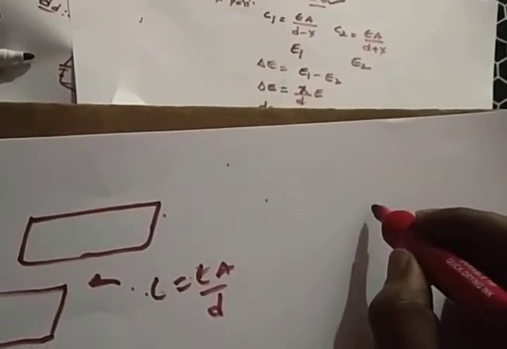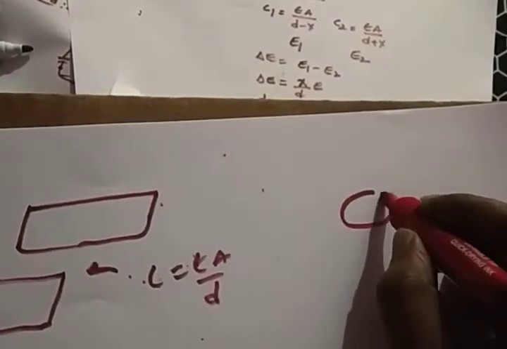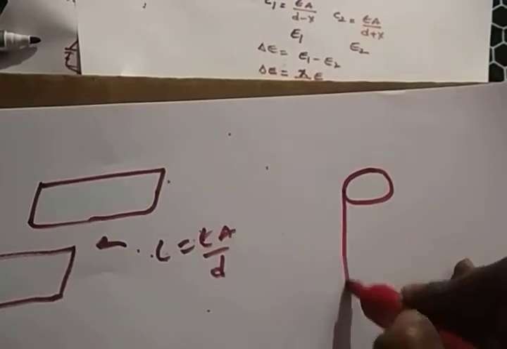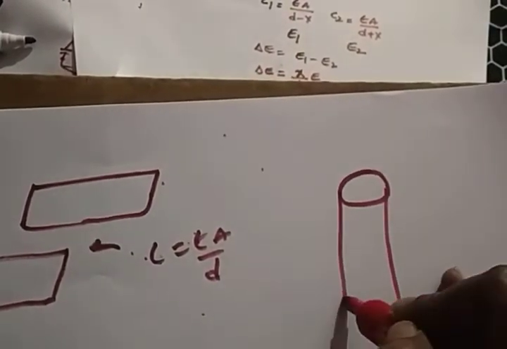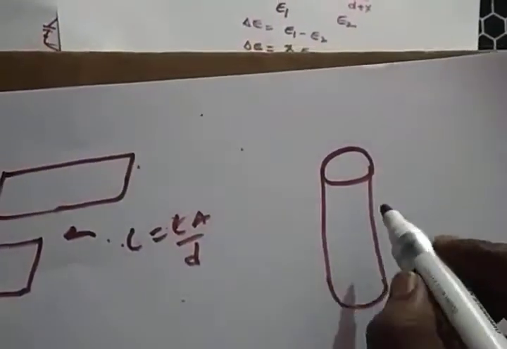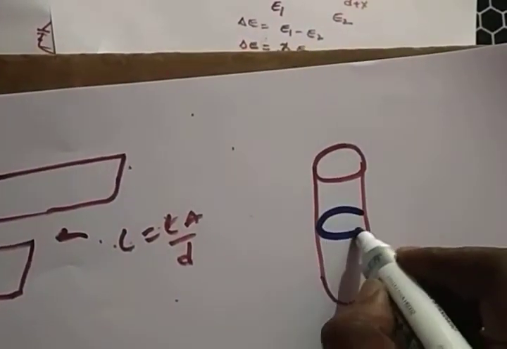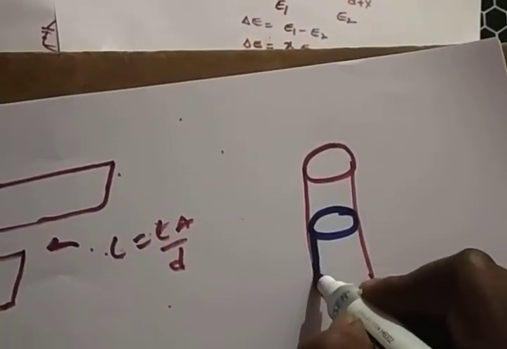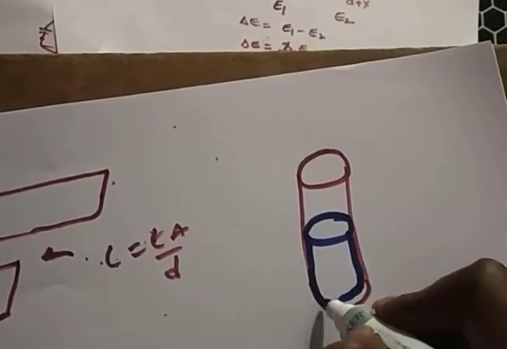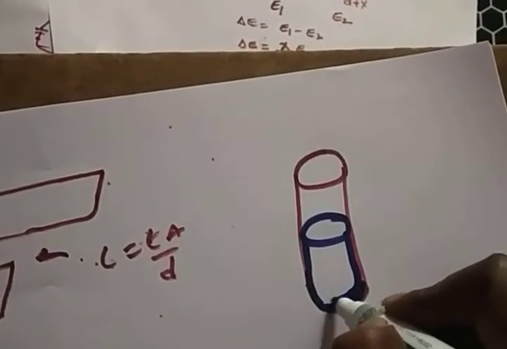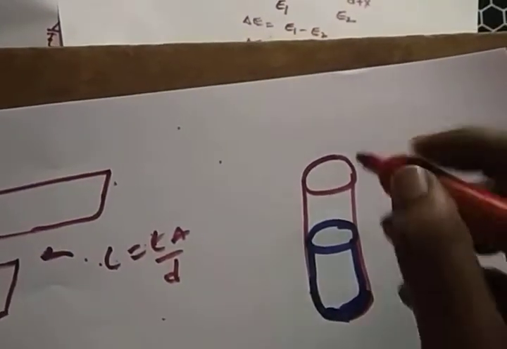How it will be means, this is one type of circular arrangement, right? This is another circular plate. These are two plates.